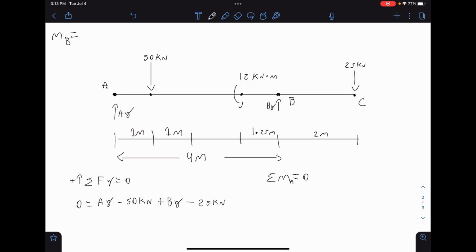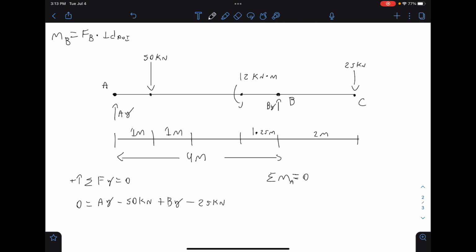So point B is equal to the force at point B multiplied by the perpendicular distance to the point of interest. And our point of interest is A.